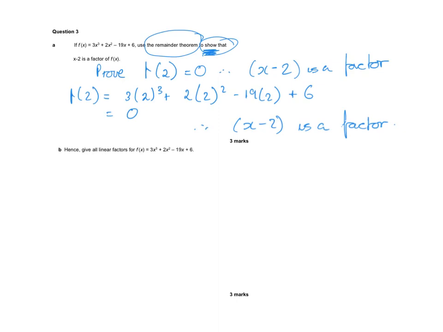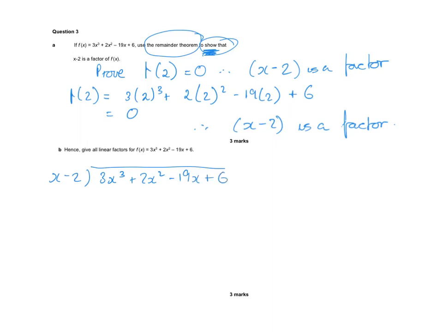And hence give all the linear factors for that particular function. So because we know now that x minus 2 is a factor, we can use that in order to do long division. So it's going to go into 3x cubed plus 2x squared minus 19x plus 6.